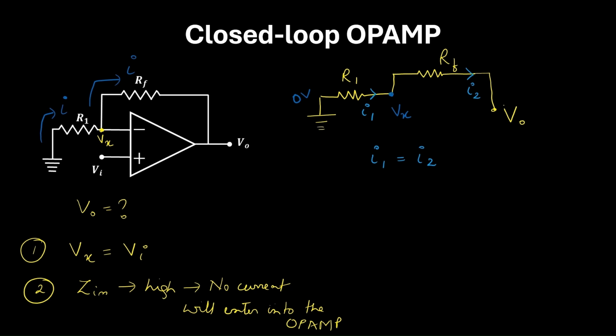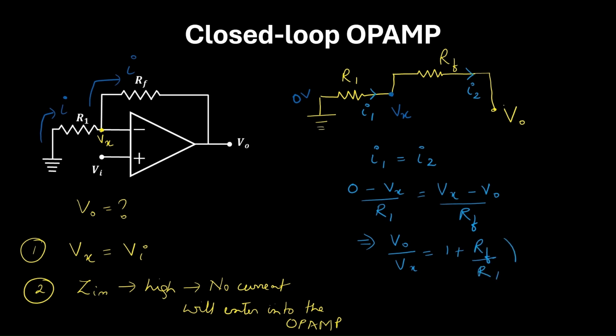So I1 can be expressed as (0 minus Vx) by R1, which is equal to I2, which can be expressed as (Vx minus V0) by RF. From this expression we can write V0 by Vx is equal to 1 plus RF by R1.